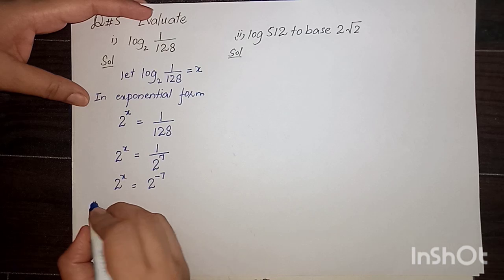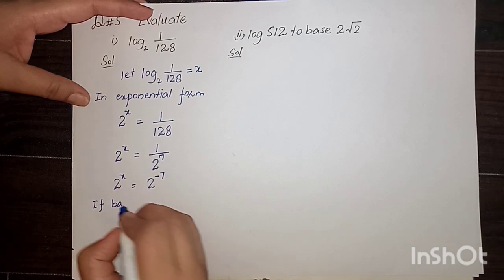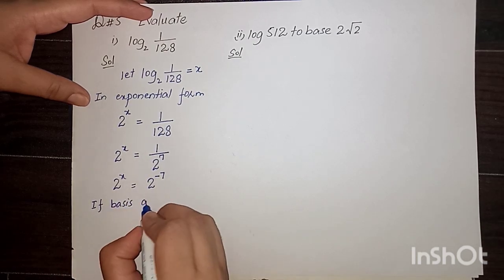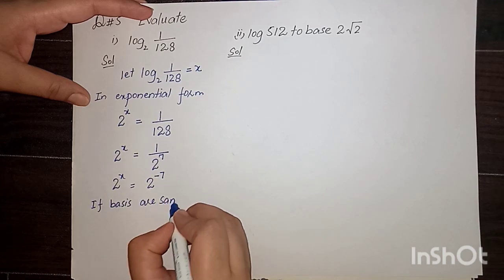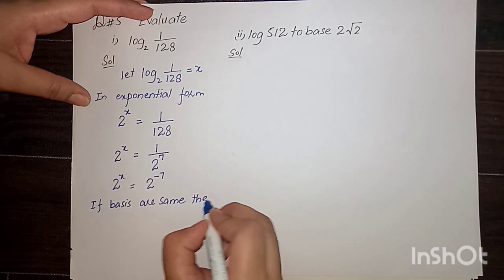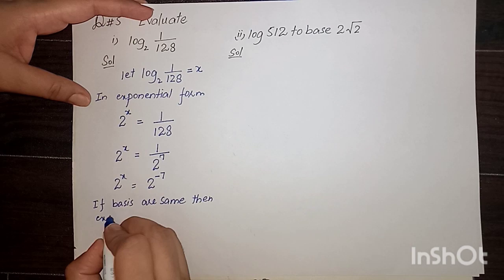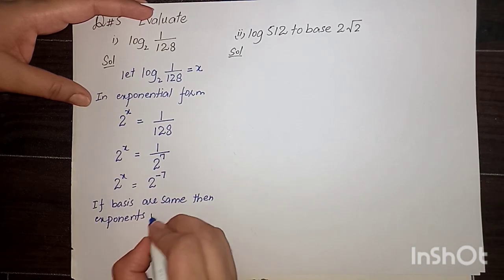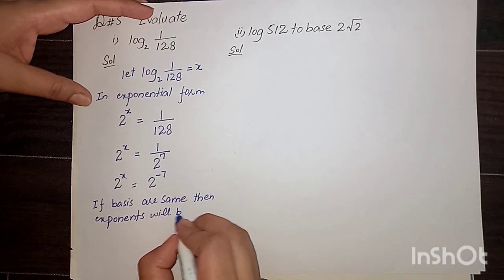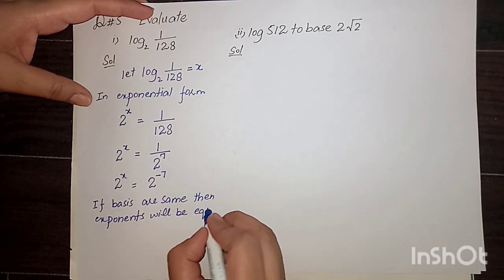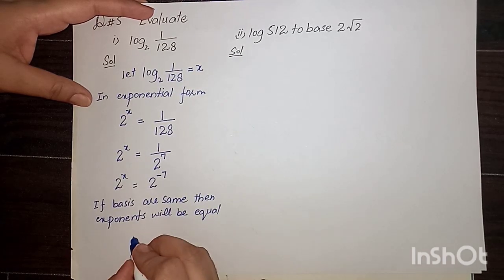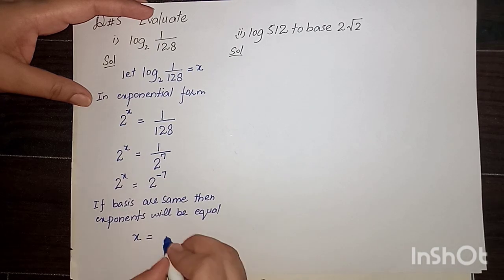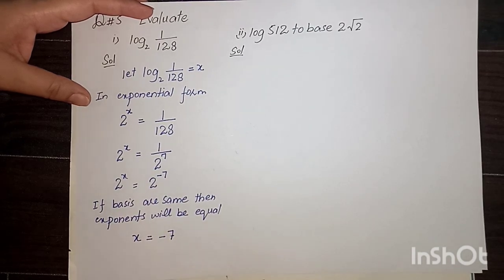We also know that if bases are same, then exponents will be equal. So x is equal to minus 7.